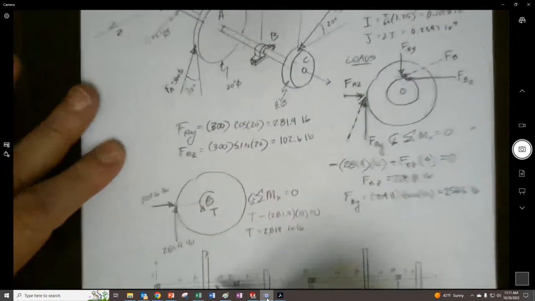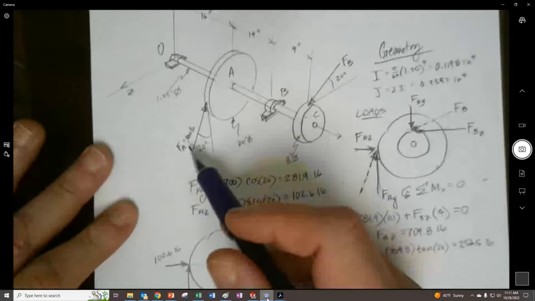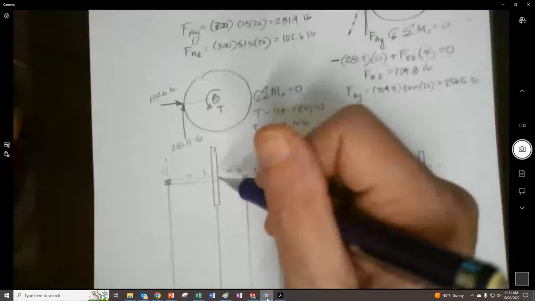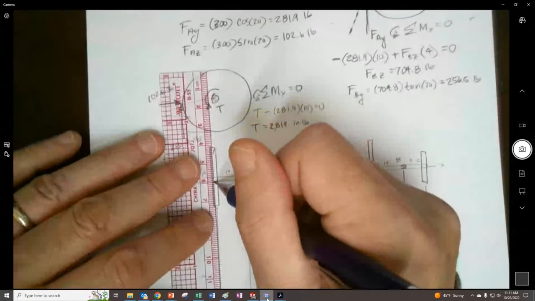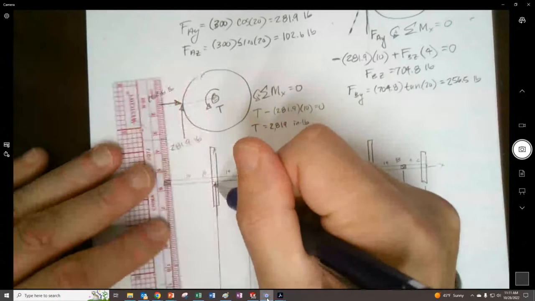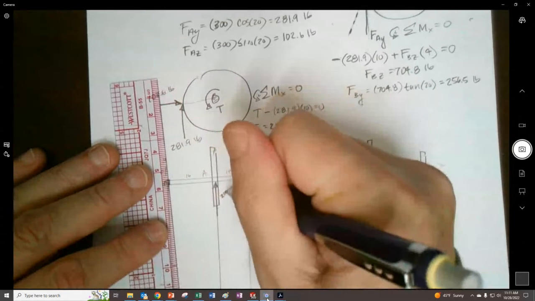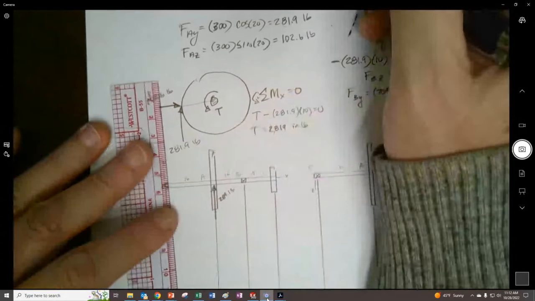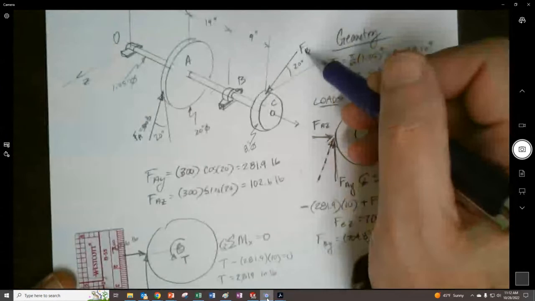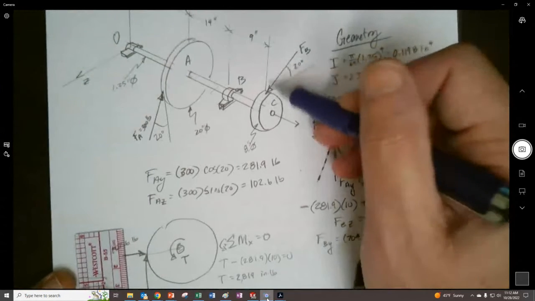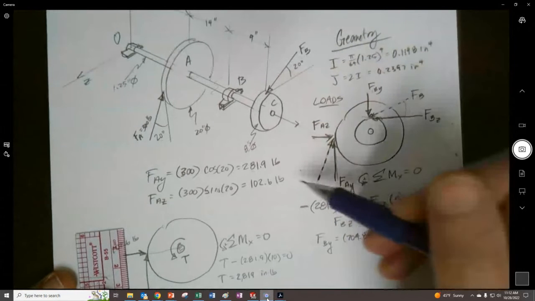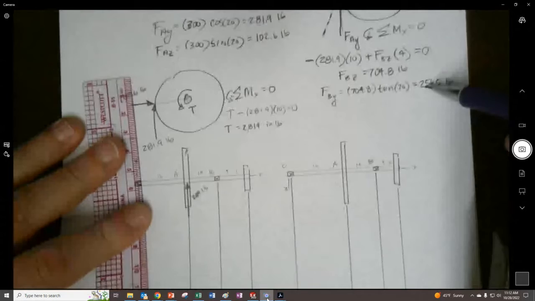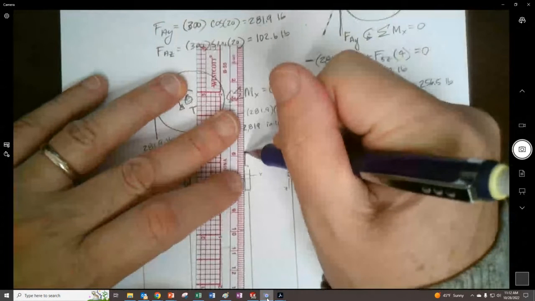Looking from the side, I'm going to see this 281.9 coming upwards, and I like to draw it where it actually is. Then from the side, we're going to see the Y component of FB, which we found to be 256.5. So that shows up right here.